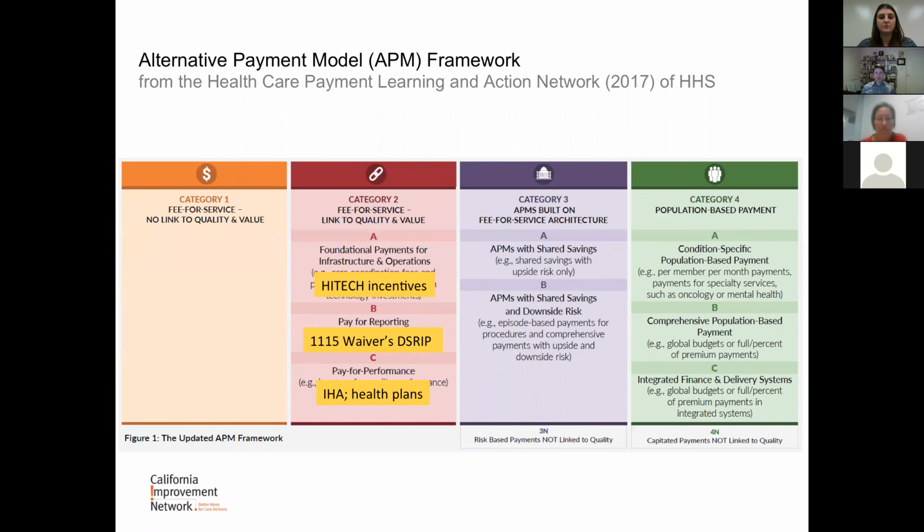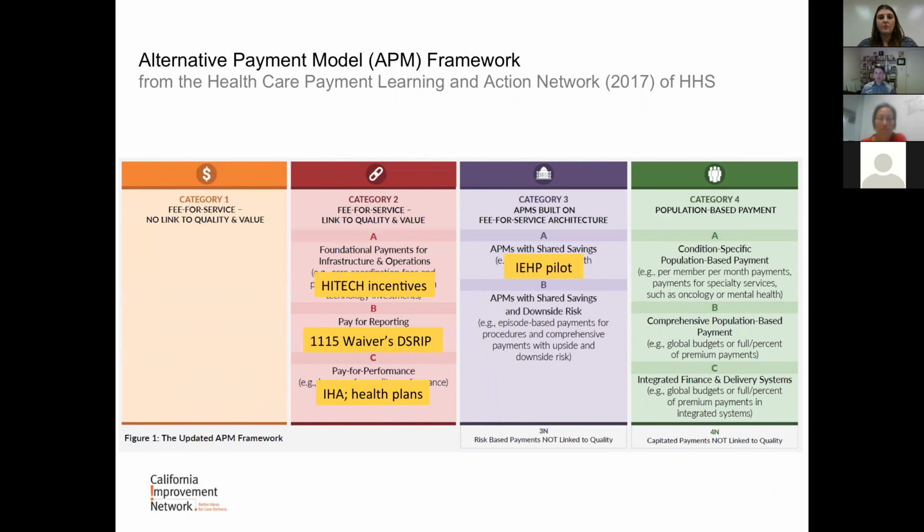Moving along to category 3, these are alternative payment models, APMs, that are built on top of fee-for-service and have some level of shared savings and also some financial risk. Again, Emma will explain what all this means, but an example is at the partner meeting on March 13th, Jania Fick from Inland Empire Health Plan will talk about a pilot they have going on with their Medi-Cal managed care provider network that has some shared savings.